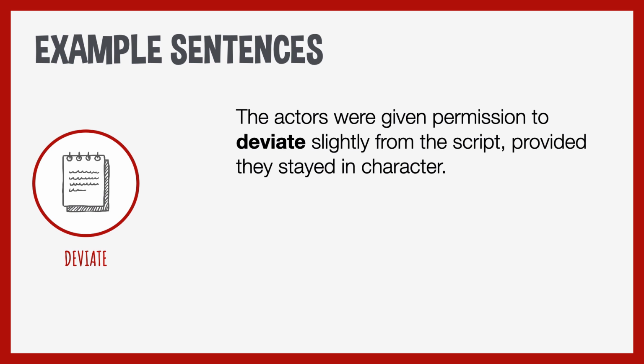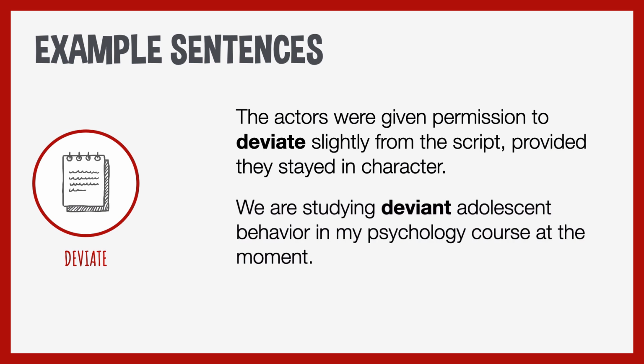The actors were given permission to deviate slightly from the script, provided they stayed in character. We are studying deviant adolescent behaviour in my psychology course at the moment. So this is a sentence about young people who don't conform to normal social standards.